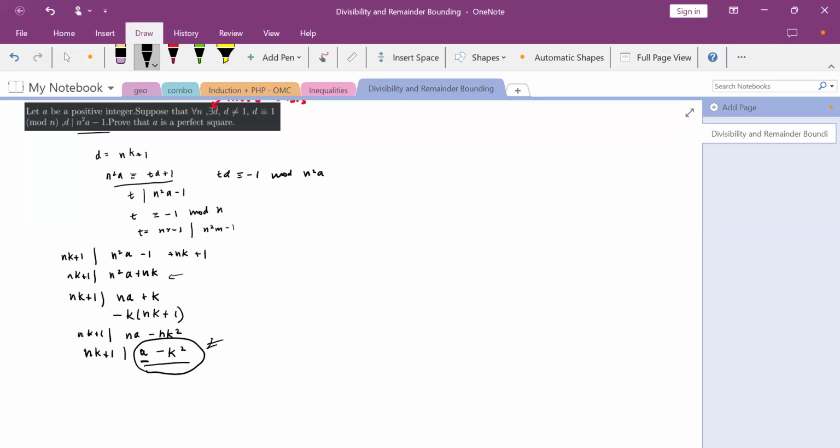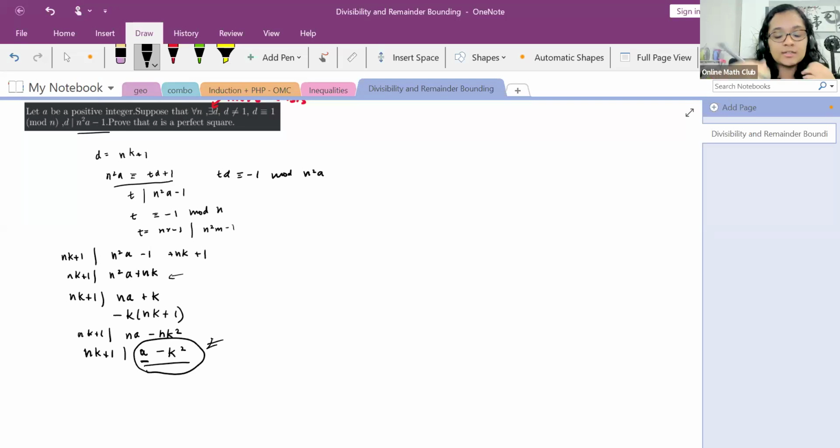Yeah, but in the second one, K can increase irrespective of N, right? The size of K is not really dependent on the size of N, and K can increase a lot. And you have a quadratic on the RHS, so you can't really control that. But over here, K is linear on both sides, so maybe try using something there.